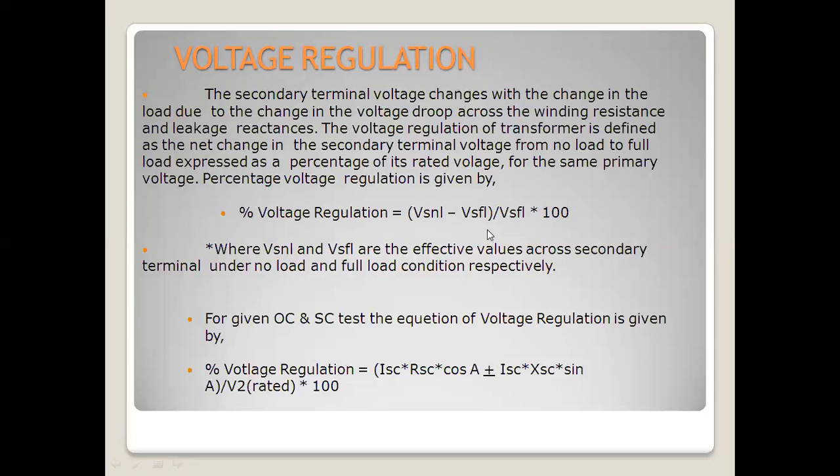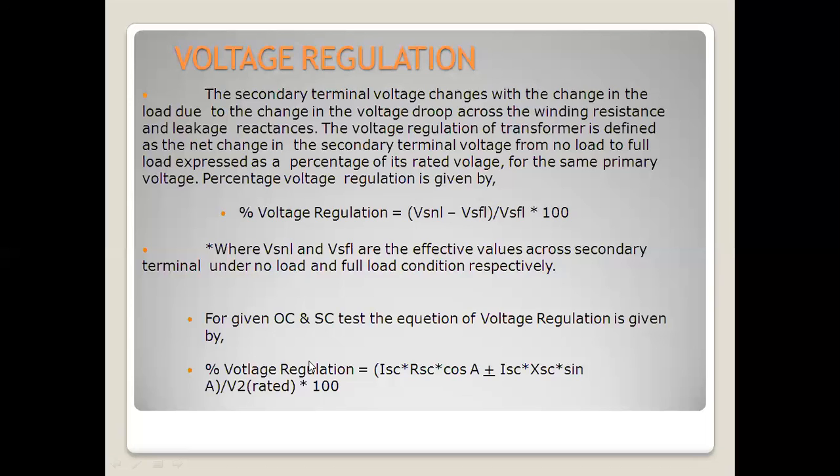So the percentage of voltage regulation is given in this way. We already know this. So V of SNL and V of SFL are the effective values across the secondary terminal under no load and the full load condition respectively.